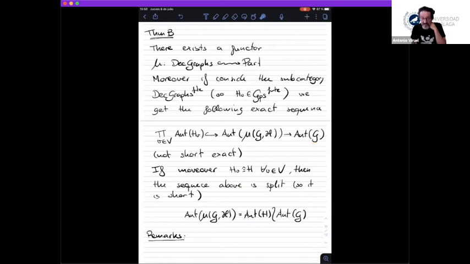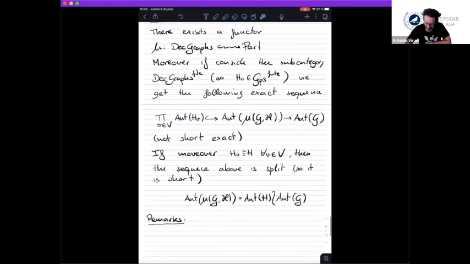So in each of those orbits, you need to have the same group, right? Because this thing is moving the vertices. So whenever it is moving the vertices, you should move these groups too, right? So whenever one vertex v is moved to v1, H_v and H_v1 have to be isomorphic too, right? So in that way, it's exact but not short.